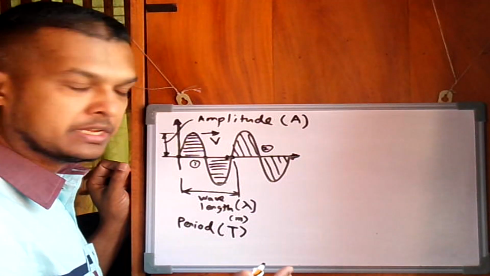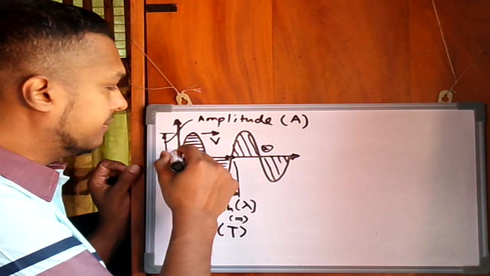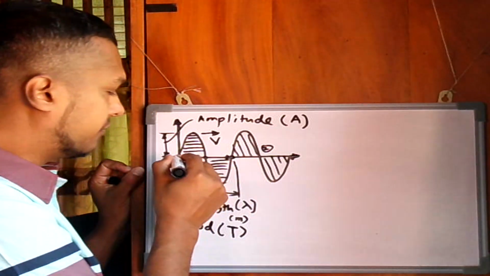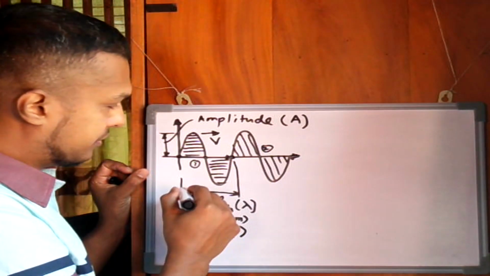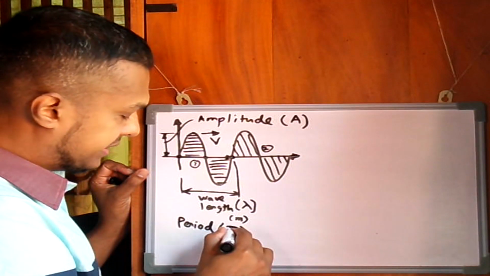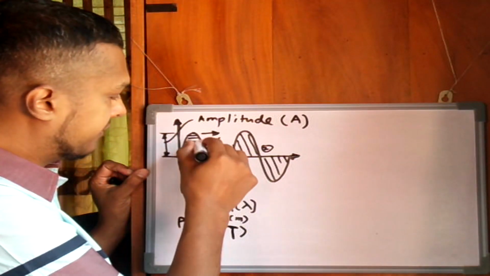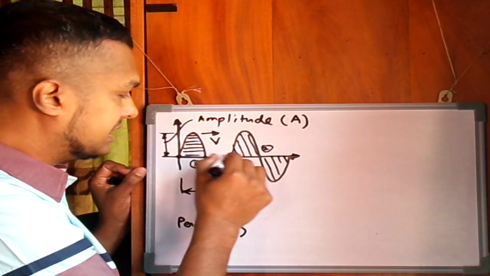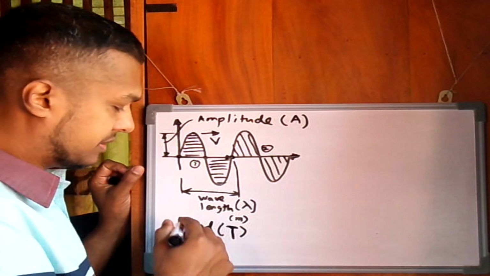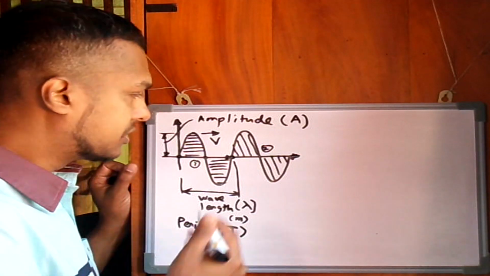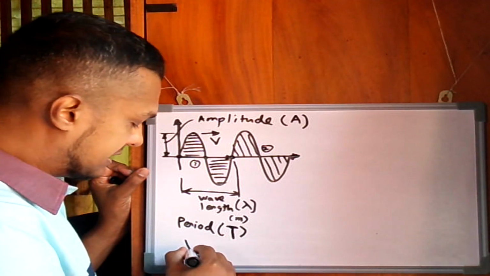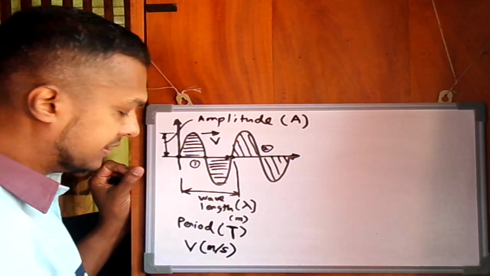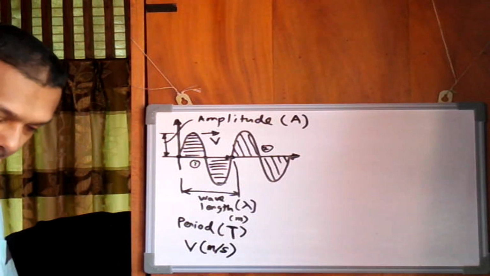It's the distance the wave travels in a particular period of time, and that is called velocity. So velocity is v, measured in meters per second. That's the SI unit.